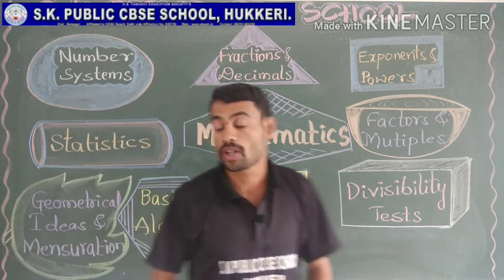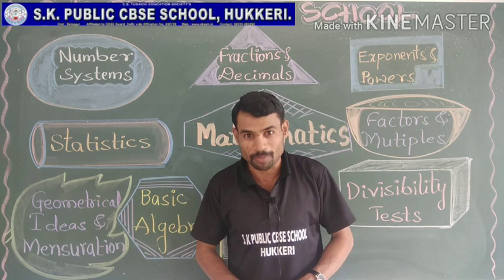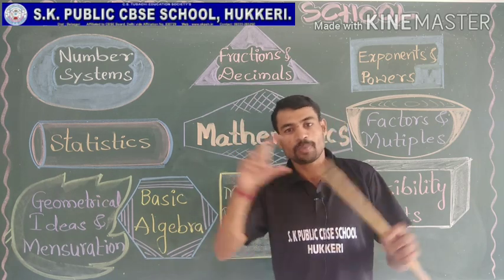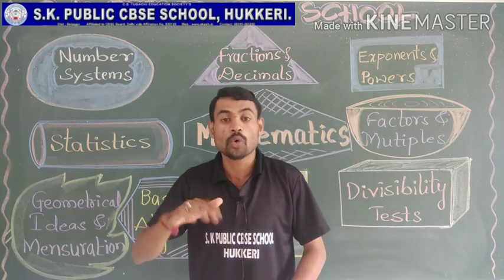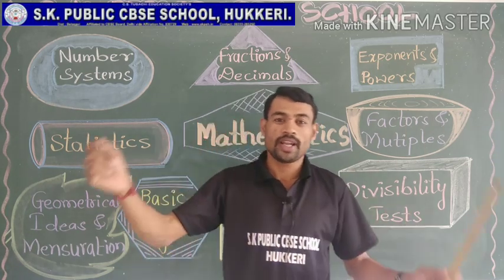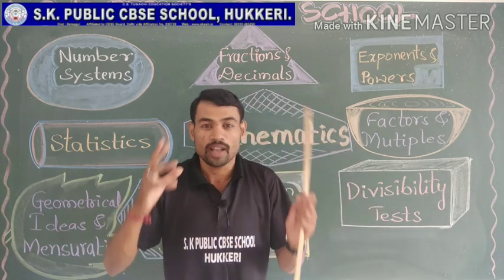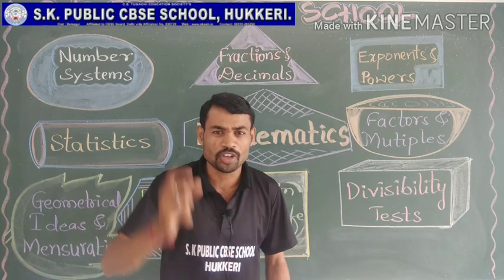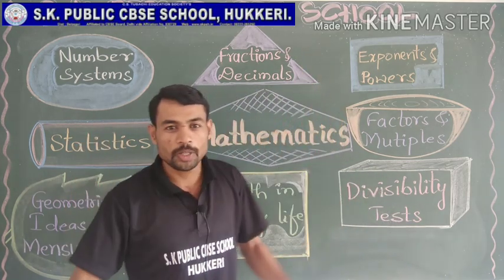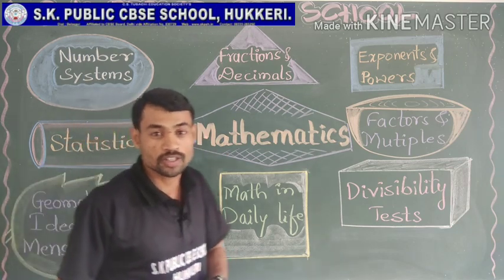Next, come to another chapter. This is a very important chapter, that is basic algebra. What do you mean by algebra? Clear? Algebraic expressions are given, how they are formed, whether it is monomial, binomial, trinomial, like terms, unlike terms, addition, subtraction, multiplication and division of algebraic expressions.